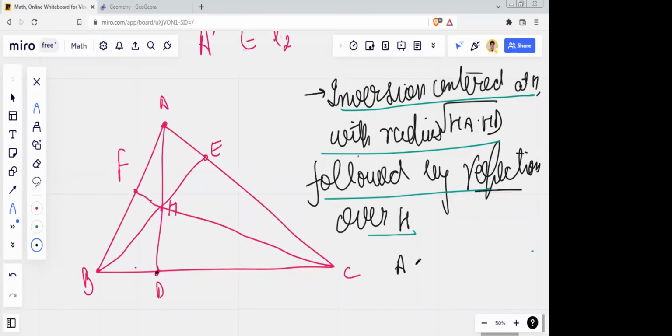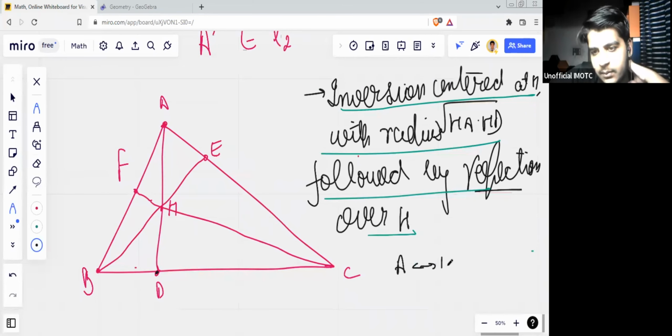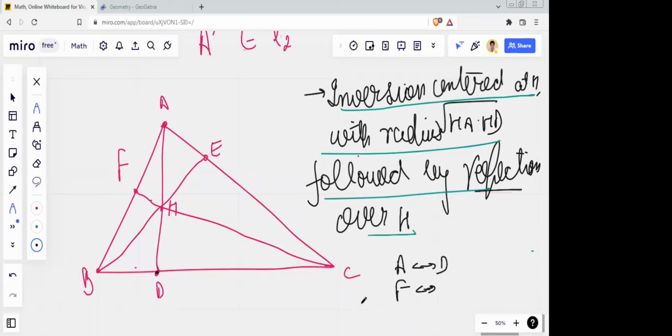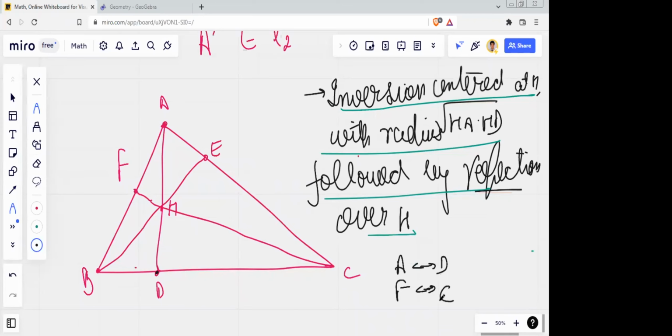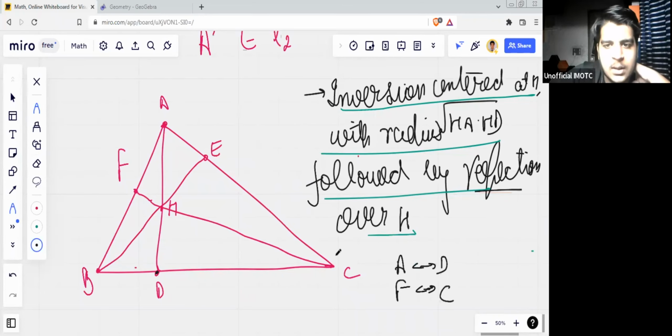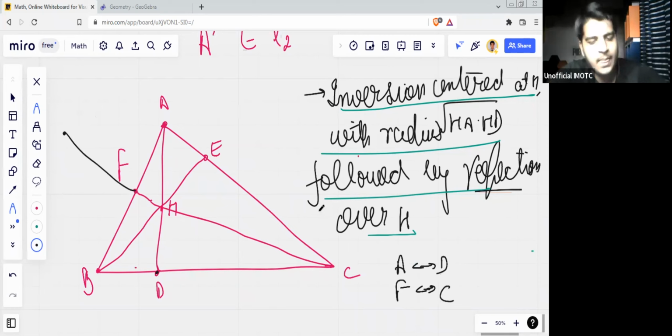Sorry, F will go to C. Do you understand how? HA times HD equals HF times HC. Yes. So after inversion, it will be a reflection of C over H, and now after doing this reflection, it's just C.